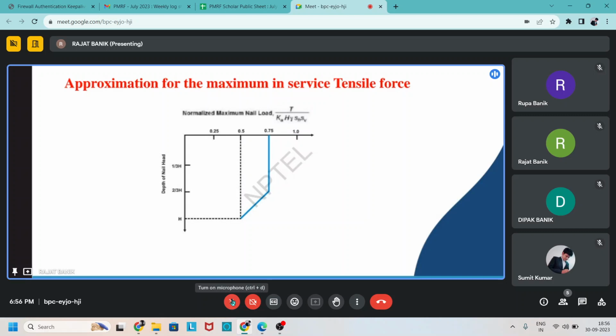After further increasing the depth, that means from two third H to full capital H, the normalized coefficient is reducing and becomes 0.5 at H. So by this diagram we can find out the maximum nail load during our service period at different depths.